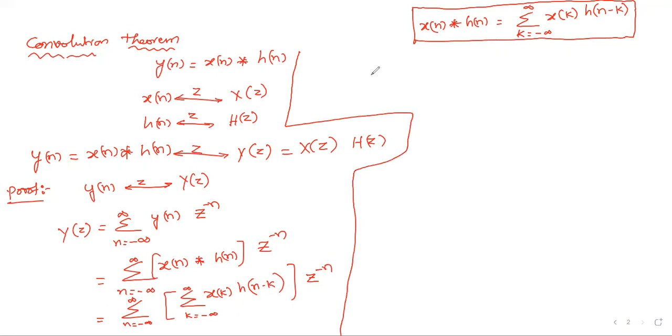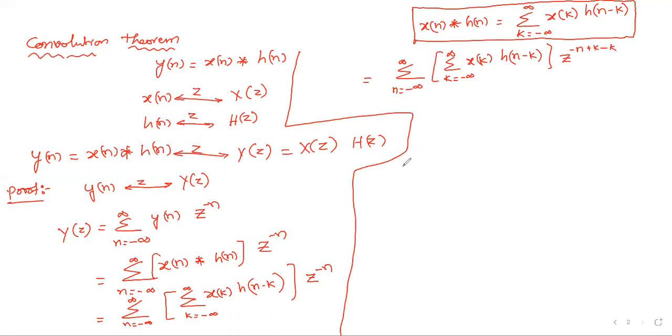So I will write z power minus n minus k, okay, plus k minus k. I'm just considering plus k and minus k.